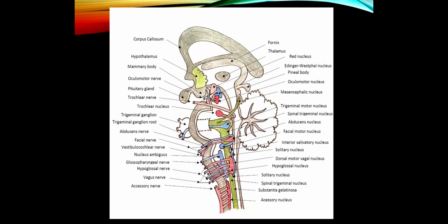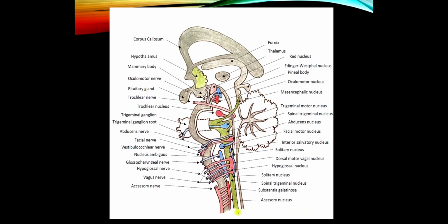I had a student create this drawing some time ago, and there are some things worthwhile pointing out on it. We'll be spending our entire lecture down here, talking about the continuation of the spinal cord into the medulla.